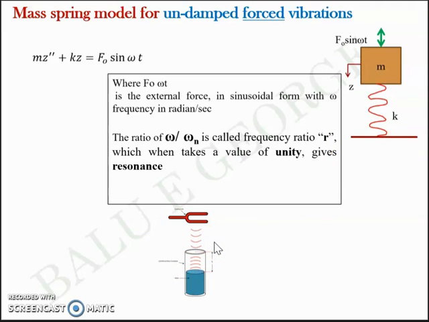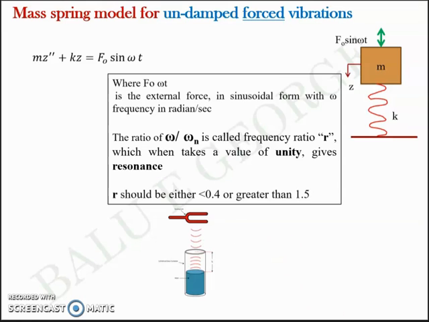So we have to avoid resonance for any machine foundation, which means the frequency of the force of vibration that you provide to the system should not be anywhere near omega n, the natural frequency of the system. When it takes a value of omega n, it starts to vibrate with excessive vibratory amplitude, and it can pull the system off the foundation.